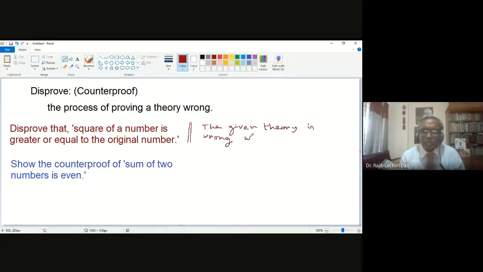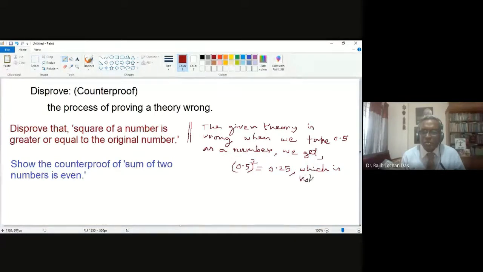When we take 0.5 as a number, we get 0.5 square is 0.25, which is not greater than or equal to 0.5.